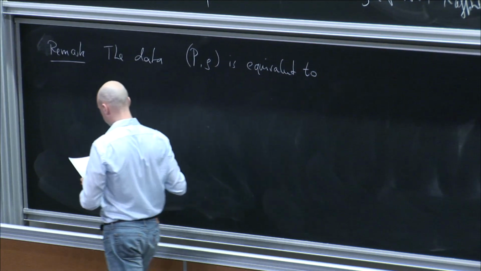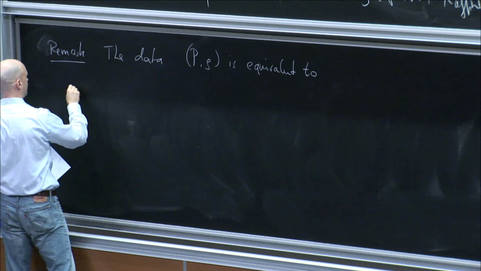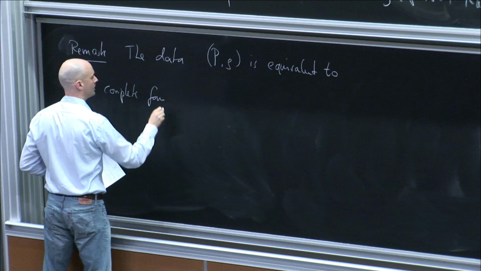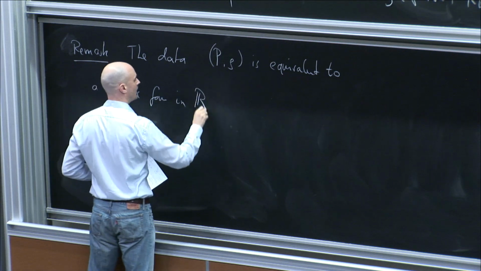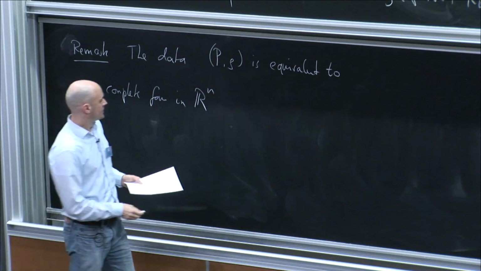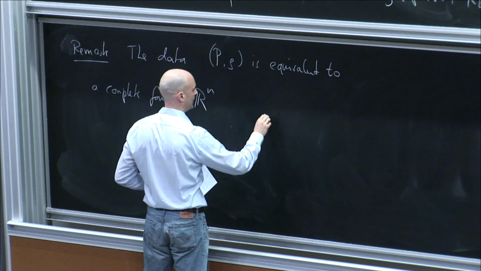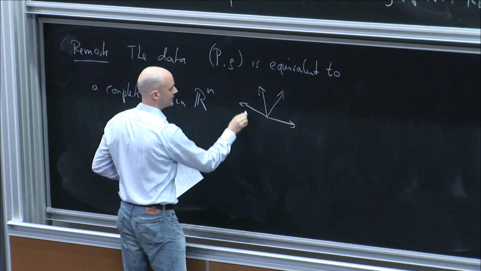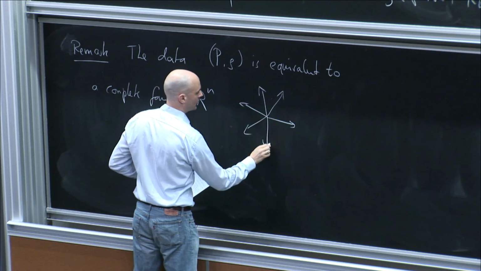To a complete fan in Rn. So that's maybe a bit surprising. So what is that? So you have your Rn, it's a plane, and then you have it decomposed into a union of cones.